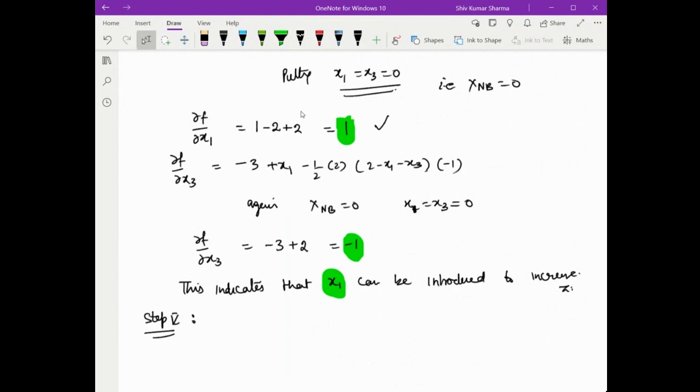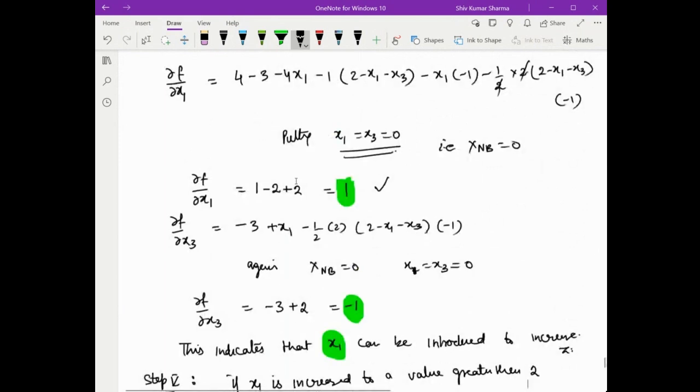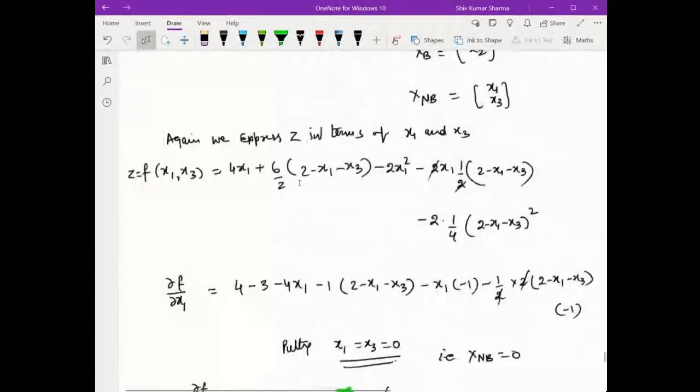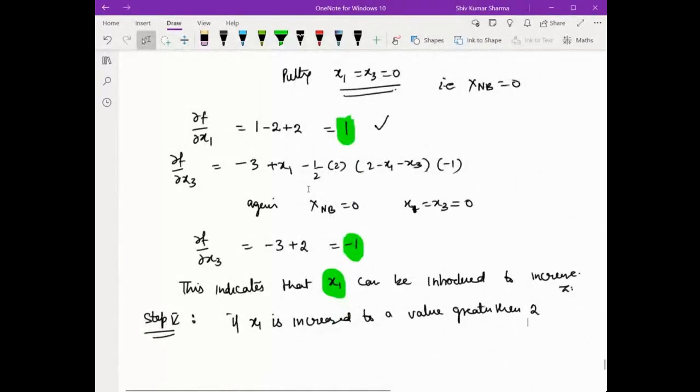If x1 is increased to a value greater than 2, that means when we increase the value of x1 greater than 2, x2 becomes negative.